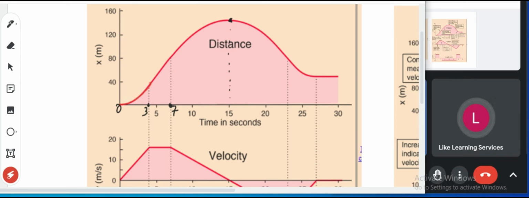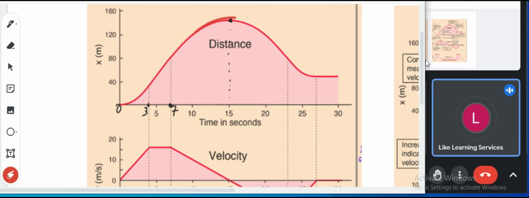Acceleration in the forward motion, is it not? 3 to 7, constant speed, forward motion. 7 to 15, deceleration in the forward motion.